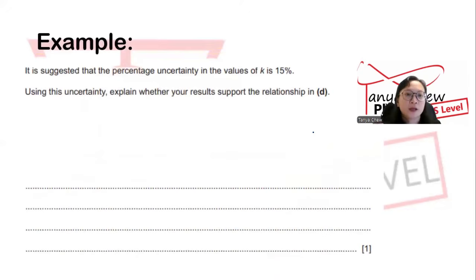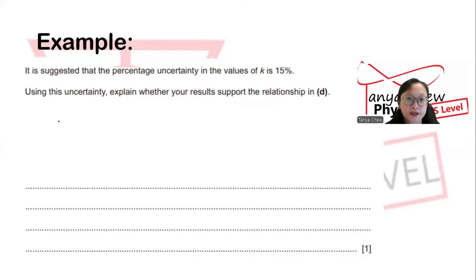For example, it is suggested that the percentage uncertainty in the values of K is 15%. Using this uncertainty, explain whether your results support the relationship in D. You have to show the proof by calculation.